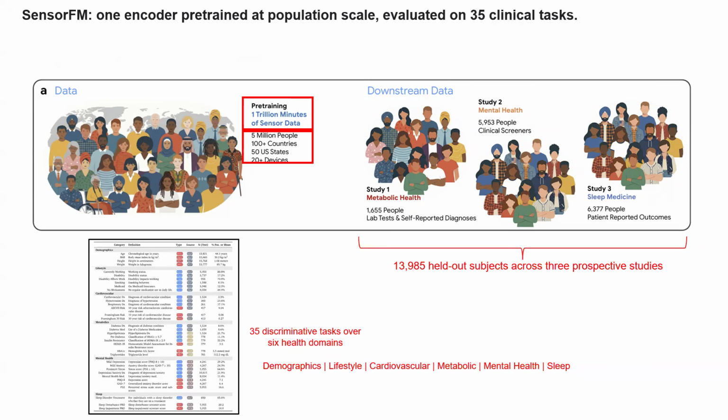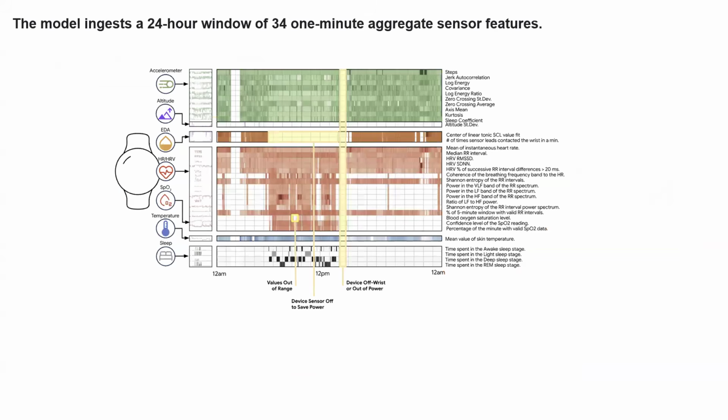What happens in SensorFM is that the model gets a 24-hour window of 34 one-minute aggregated sensor features. There are a total of 34 sensor features that come from 5 sensor modalities: PPG, accelerometer, EDA, skin temperature, and altimeter.